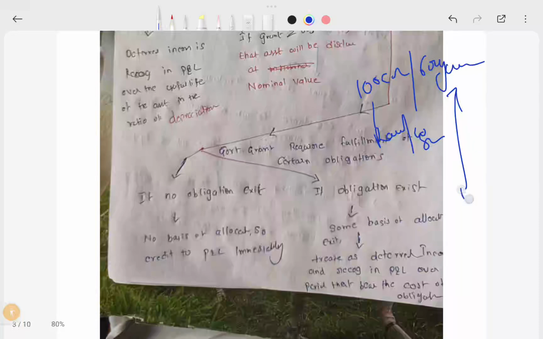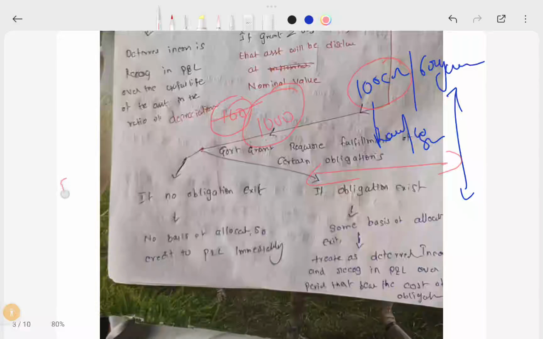This is the government obligation given at the time of providing the grant. In this situation, you have a liability of 100 crores each year for the next 6 years, and your grant value is 1000 crores. So cash or bank 1000 crores to deferred income 1000 crores. These 1000 crores you should allocate in the ratio of these 100 crores for the next 6 years. This is called cost of obligation.